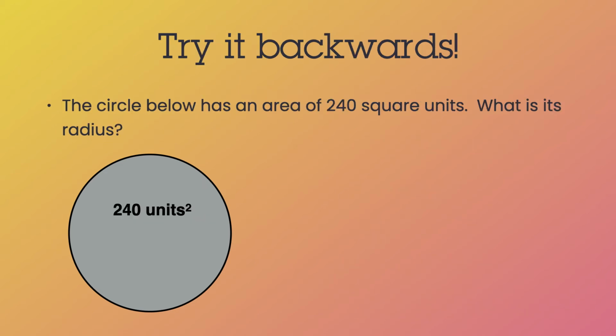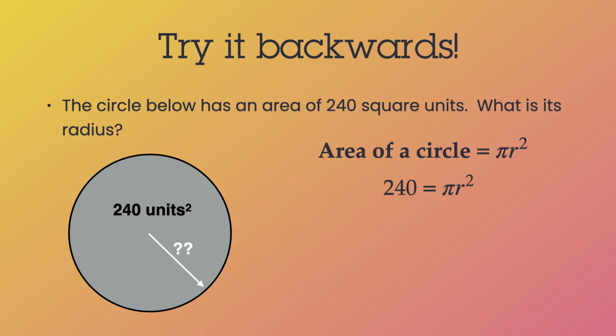Now we can use this formula, what we're calling backwards, just like we have with the other ones as we've worked through this playlist. If we know the area of the circle, that's actually all we need to be able to find the radius. So this circle has an area of 240 square units. We want to find the radius. Let's look at this formula. It says area of a circle equals pi times r squared.